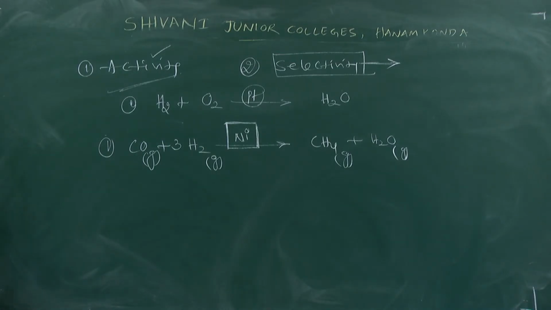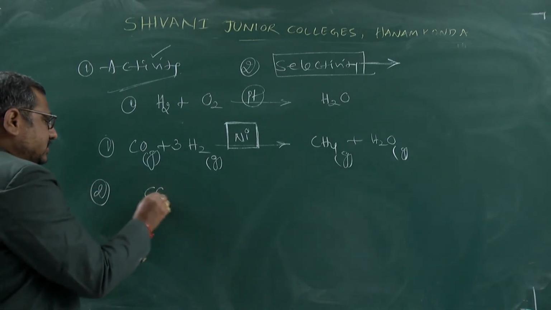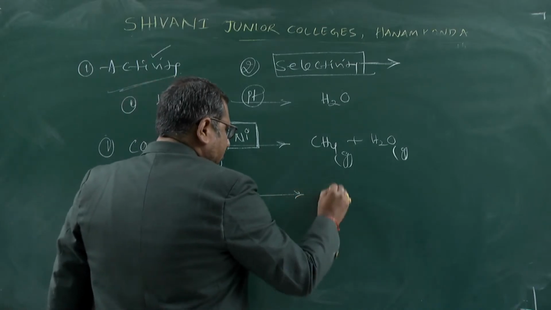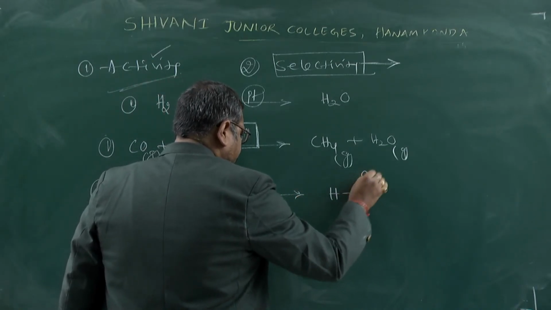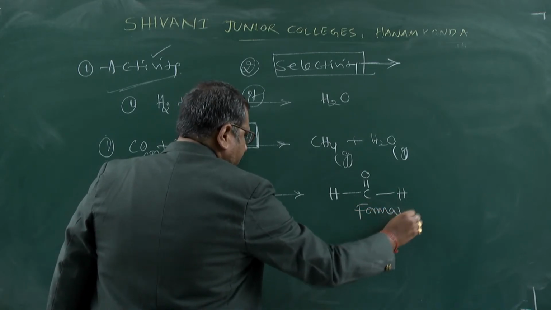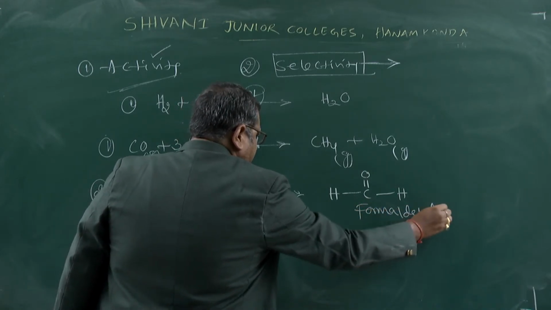Next, another example is carbon monoxide plus hydrogen reacting with each other to form formaldehyde. This is the product. See that carefully.